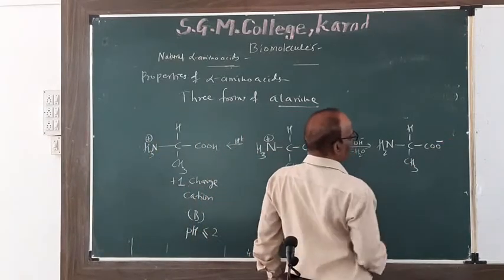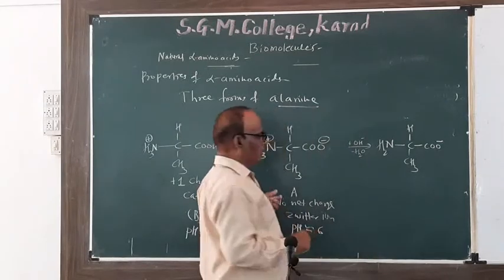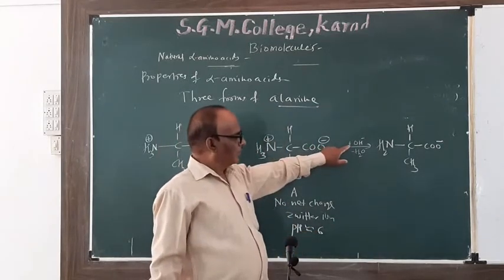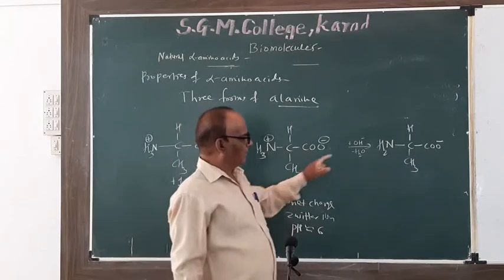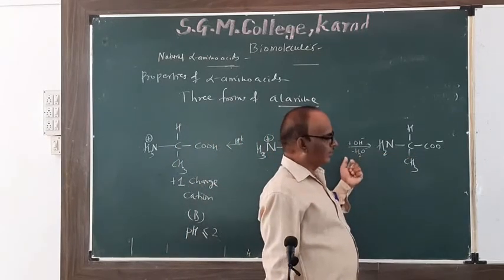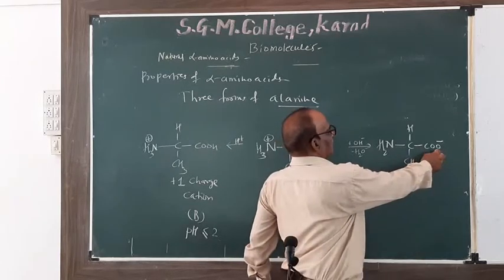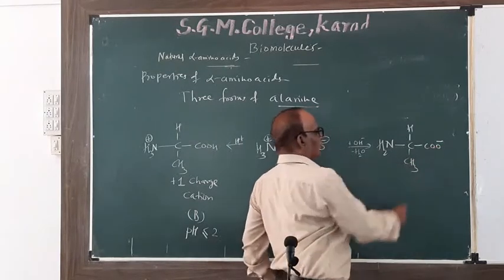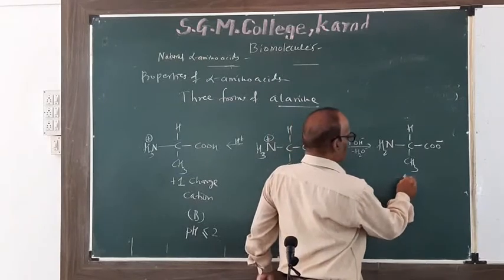Here this carries a minus charge. When this alanine is treated with OH minus or a base, the base accepts the proton from COOH and it loses a water molecule. So this CO double bond O minus, the charge on this oxygen, carries a minus 1 charge.